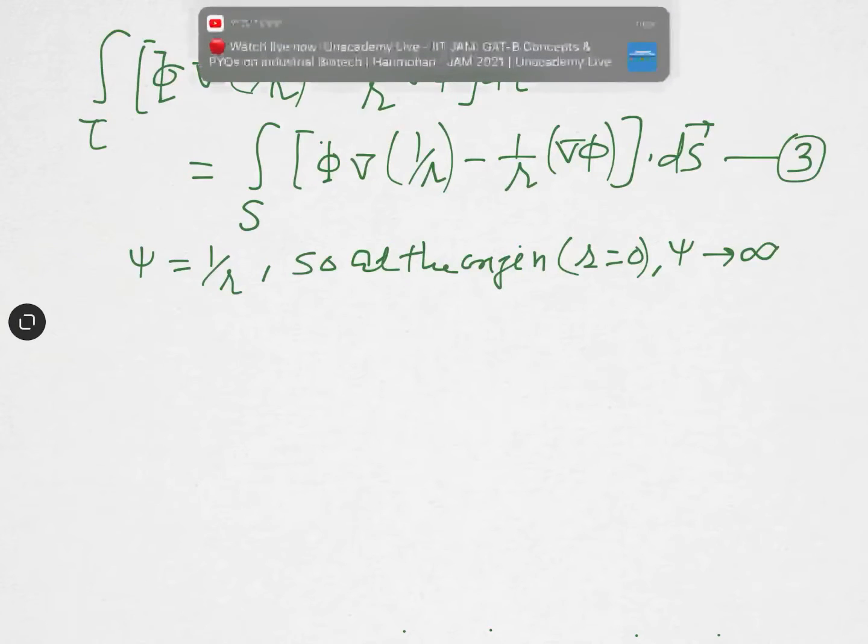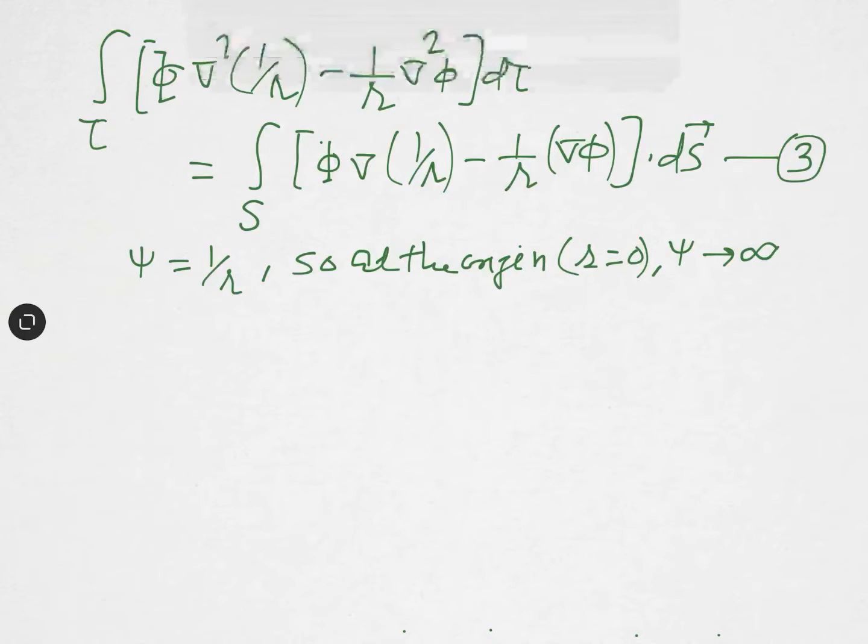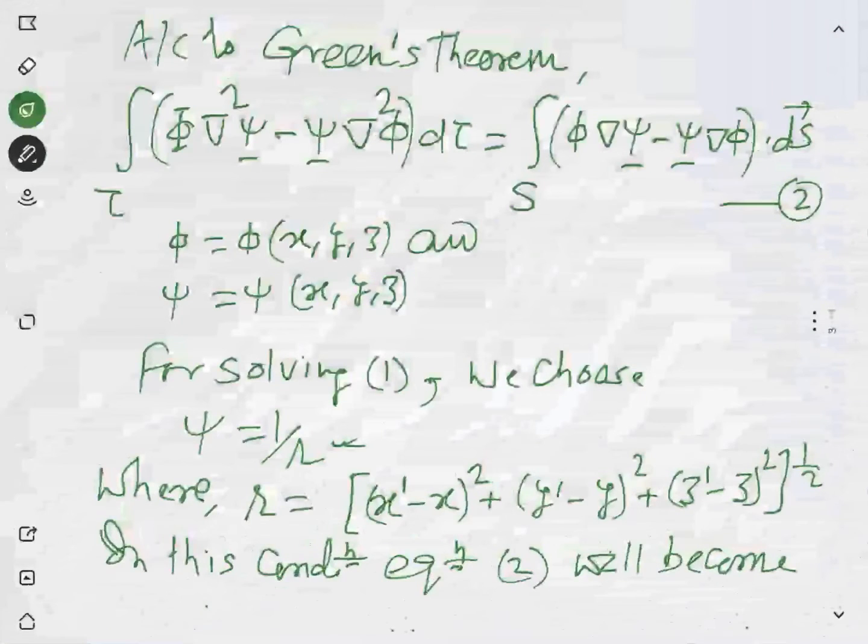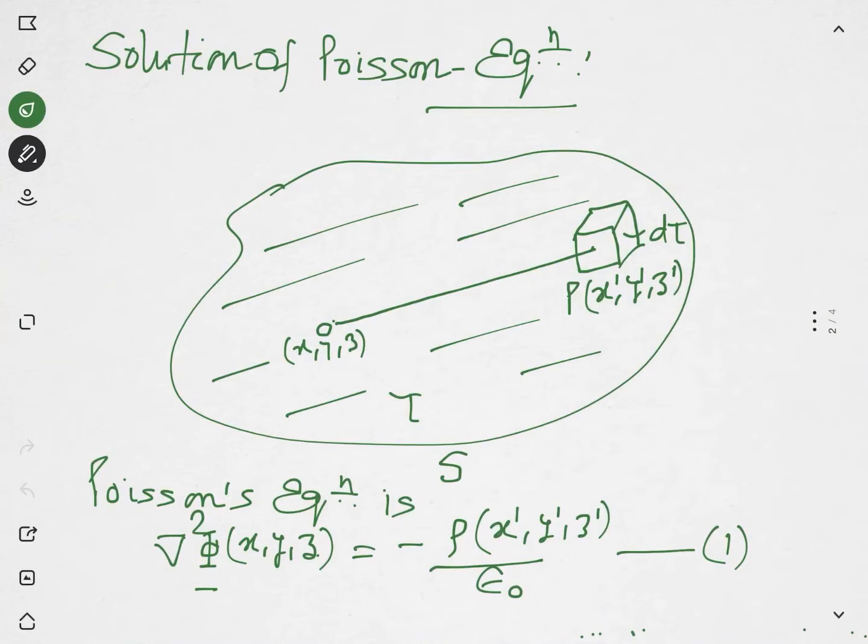So in this condition we must exclude the point r equal to 0 during our integration, and for this we surround the point O with a small sphere.